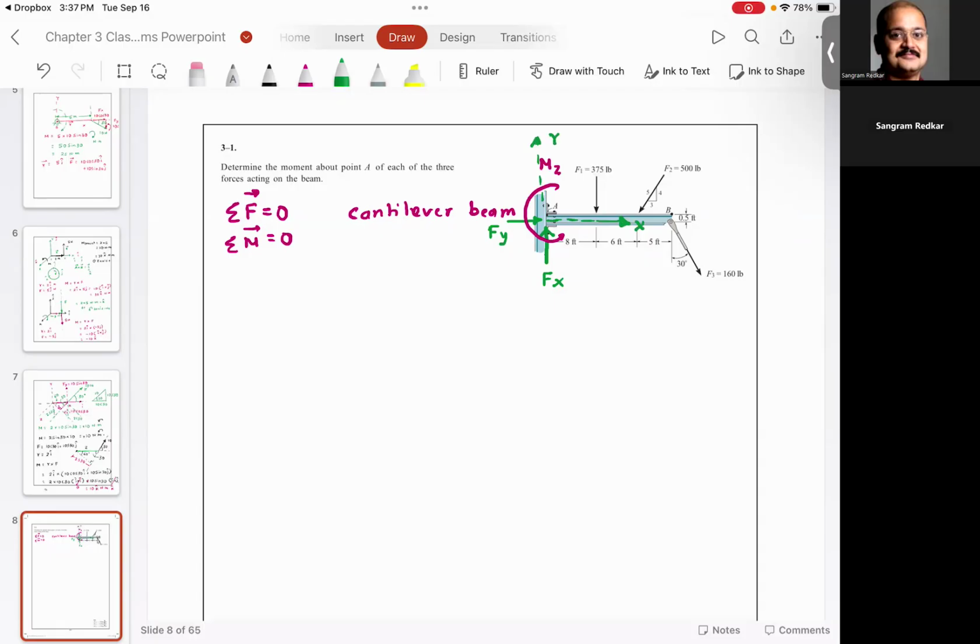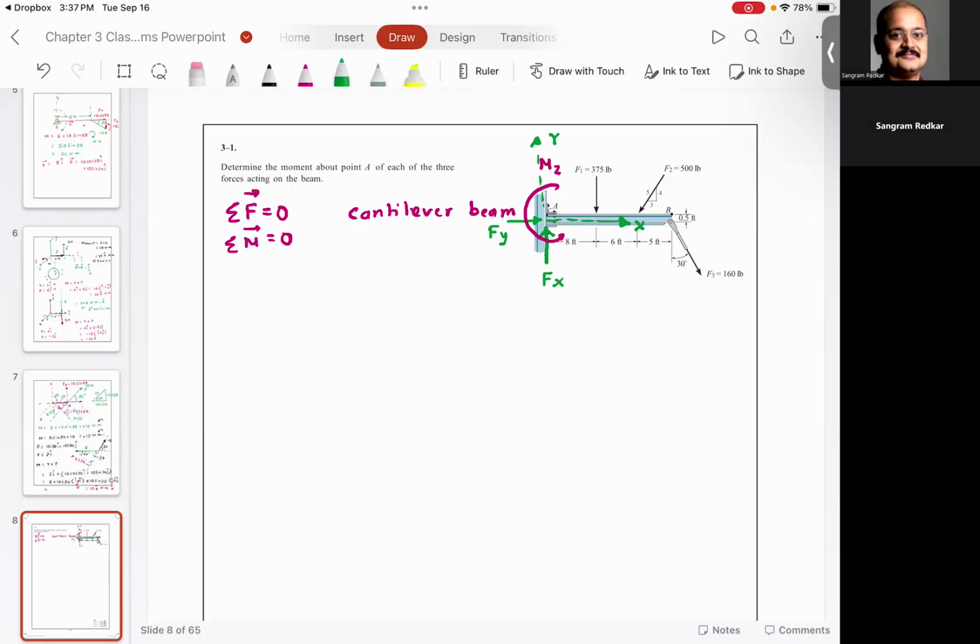I can solve this problem vectorially, but typically, you agree with me that this is a two-dimensional problem. It means this is a planar beam. You don't have any forces in the z direction. You only have moment in the z direction. So it's just easier to solve this problem by just looking at it.